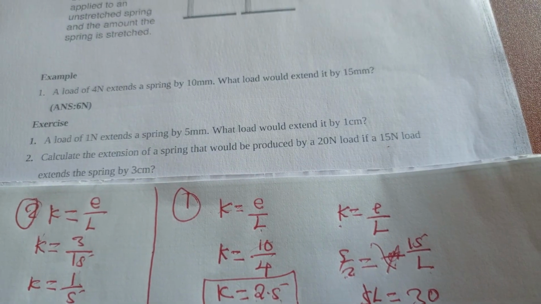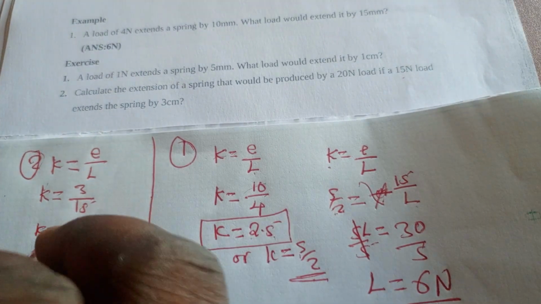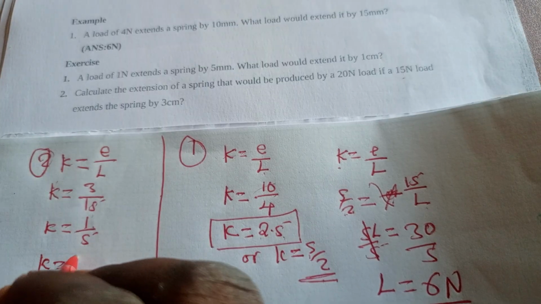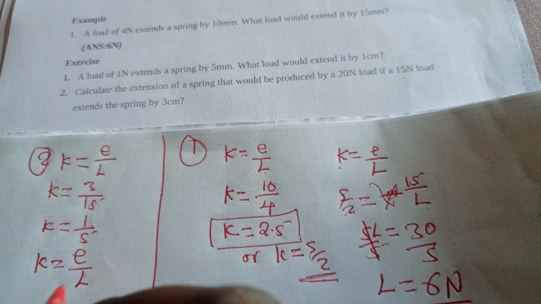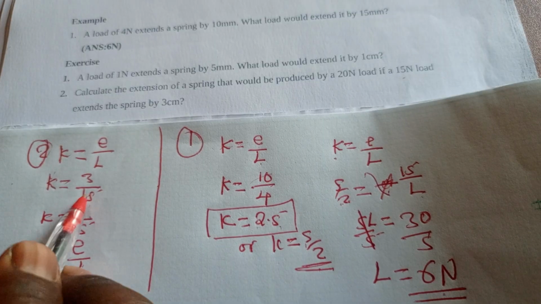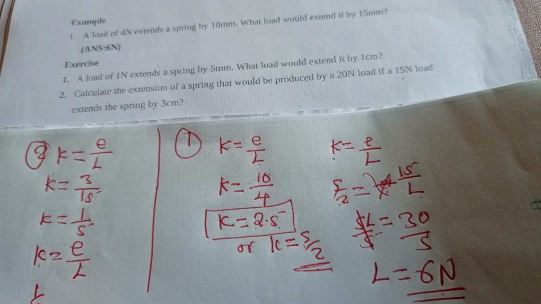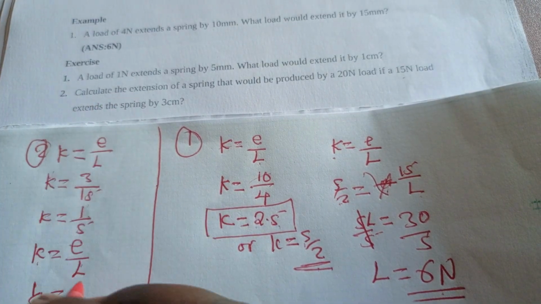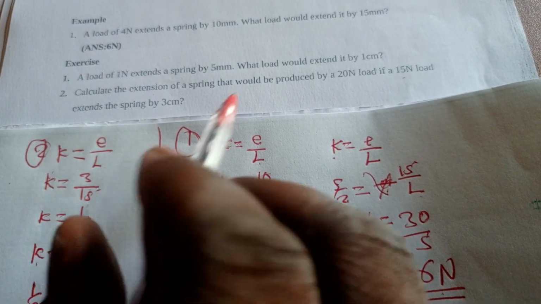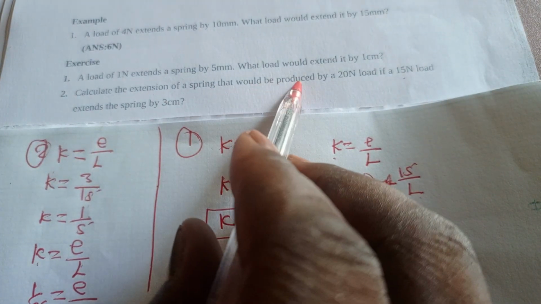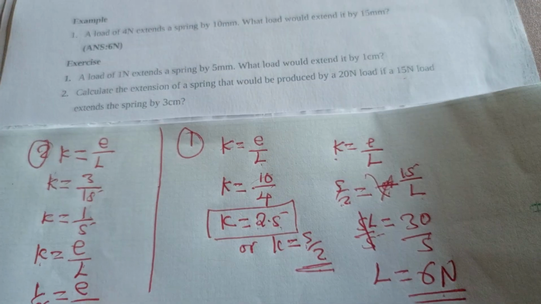Now, for me to find what is required, we can say K is equal to E over load. My K is 1 over 5. To calculate the extension, I'll put E here. The load is 20 Newtons, so I'll put 20 here.